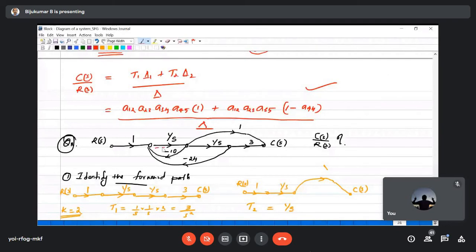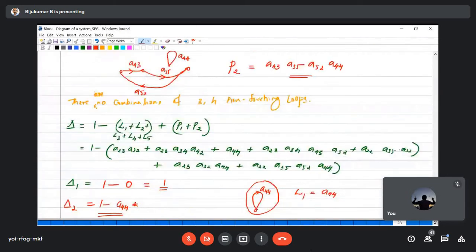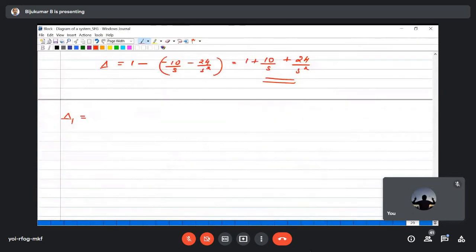One loop is this, this is touching this forward path, and another loop is like this, this also touching the other forward path. That means there are no other loops remaining. So we can write just 1 minus 0 equal to 1. Similarly, delta 2 also we can write 1 minus 0 equal to 1.